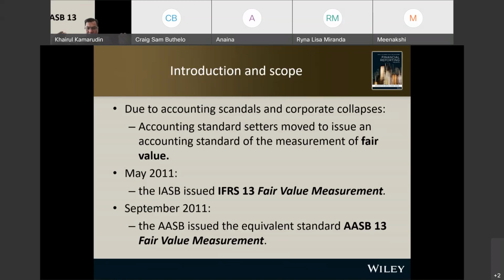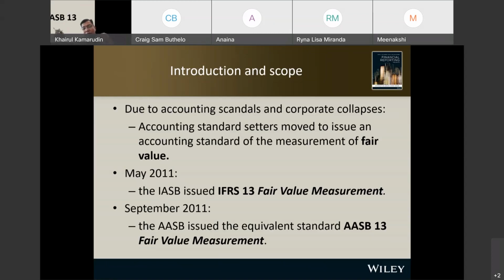Because of this pressure, the IASB, the International Accounting Standards Board, in May 2011 produced one specific standard, IFRS number 13, to clearly spell out what is the fair value measurement.